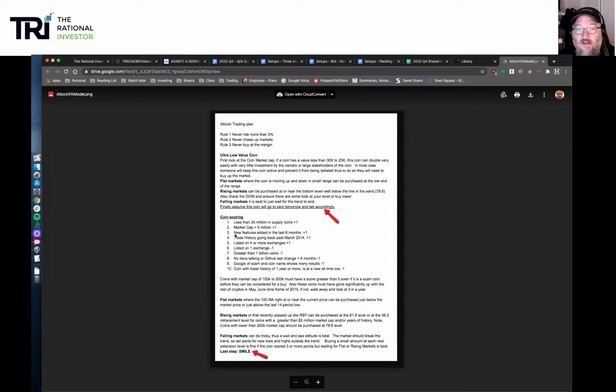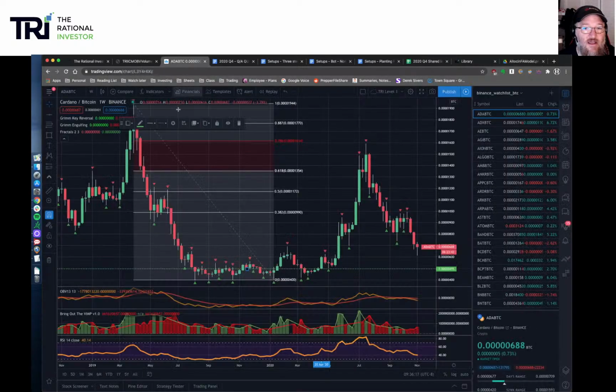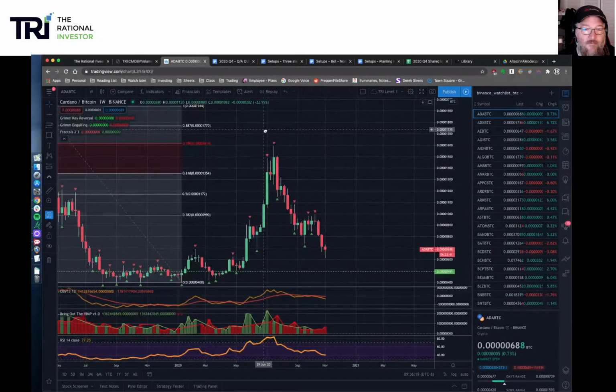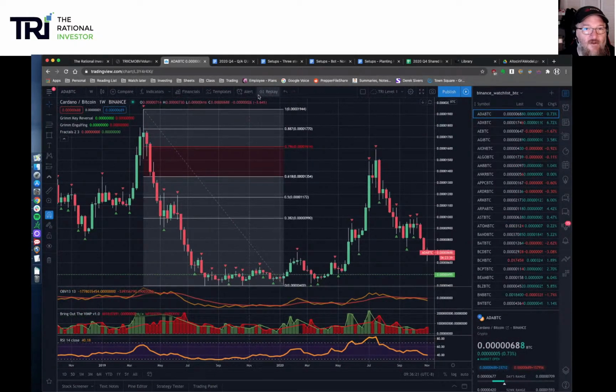And we're going to evaluate this based on these 10 criteria. Okay. And what I want to see is a net score of at least 3, right? Net score of at least 3. I'm not going to go through this whole thing right now, but let's assume that we have that on ADA. Okay. And we're looking back in time. So let me do the replay here. Back to last year. Okay.